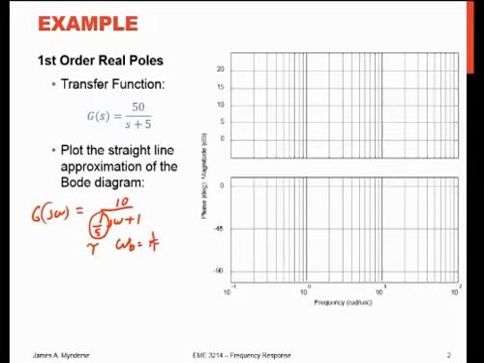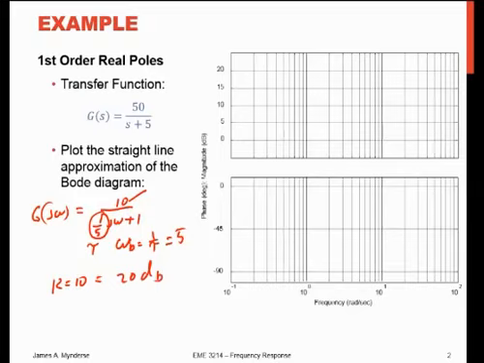So that makes our omega b equal to 5, and the other thing we want is our steady state gain. That's essentially our k up here, so k equals 10, but for the Bode plot we want it in decibels, and that's equal to 20 dB.